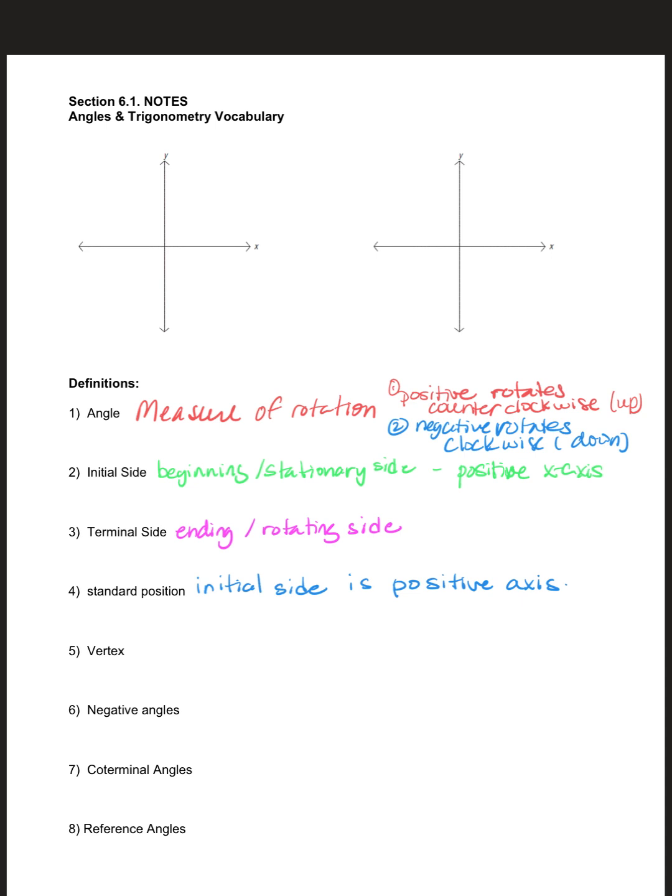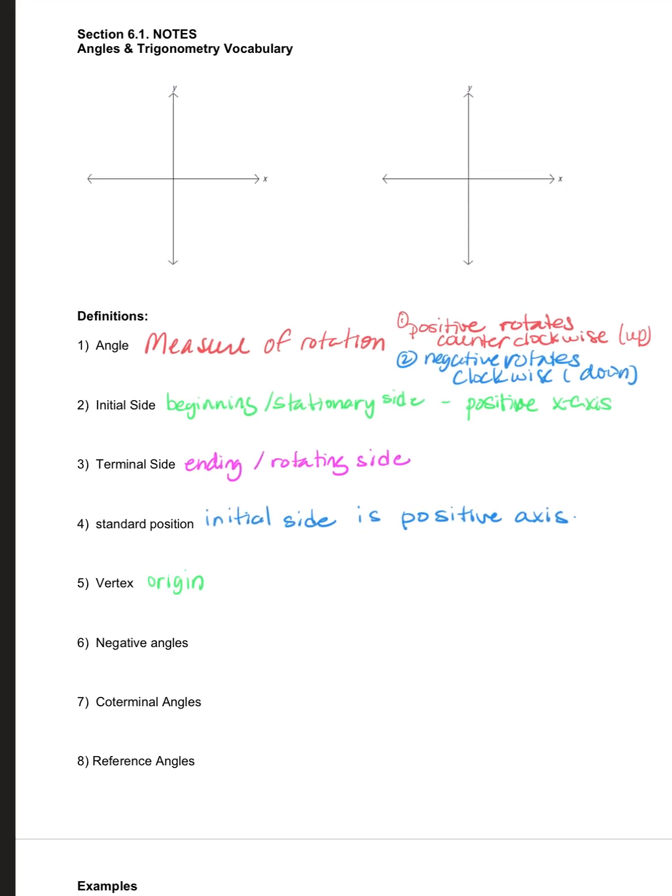Okay, so let's do just a few more definitions and then we'll go up there and work with the graph. Vertex, that's just your origin. Negative angles. Okay.